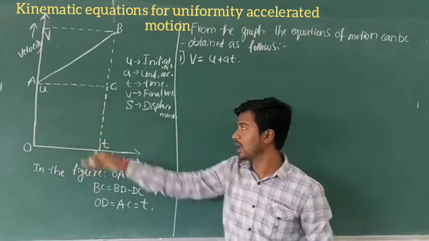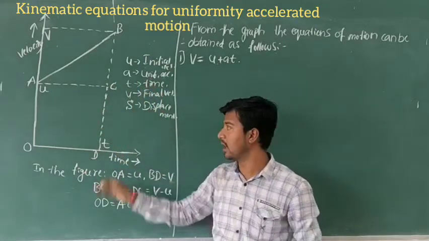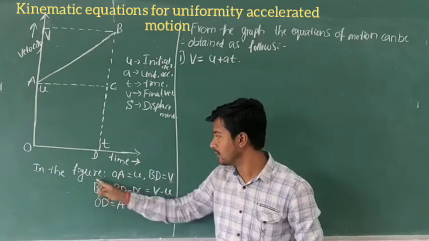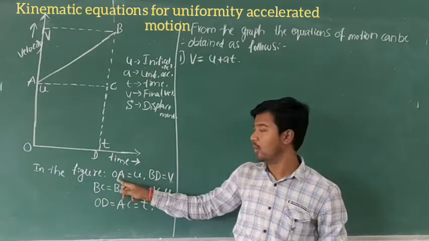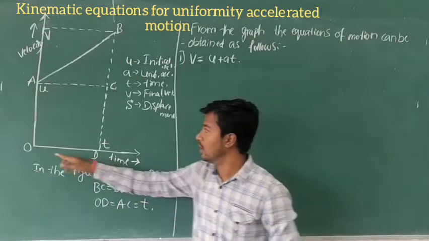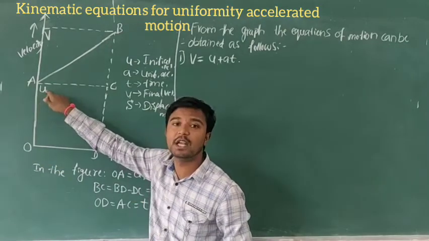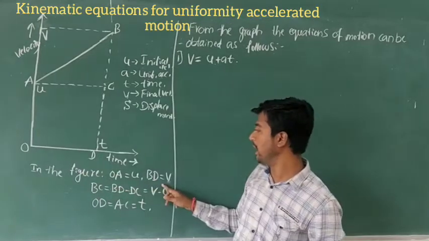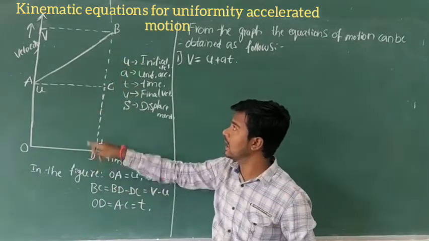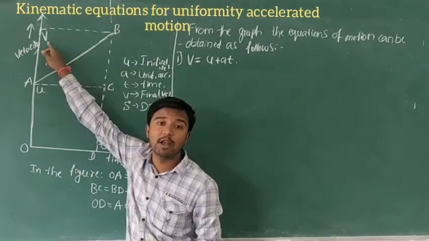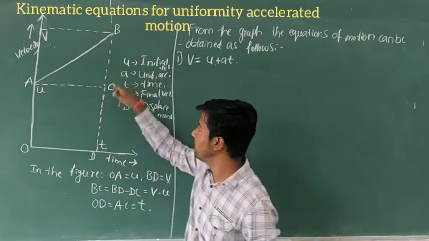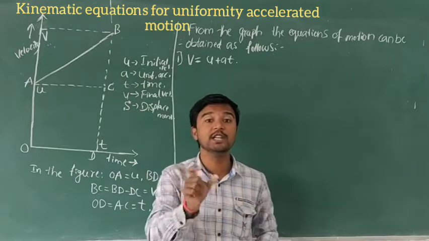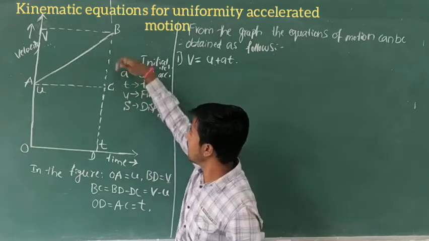Coming to the graphical method of the velocity versus time graph. From the figure, OA is the initial velocity u of the body, and BD is the final velocity of the body v. The next, BC, is nothing but the change in velocity of the body.